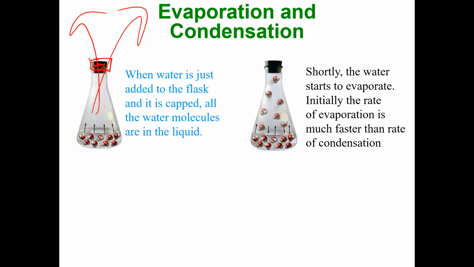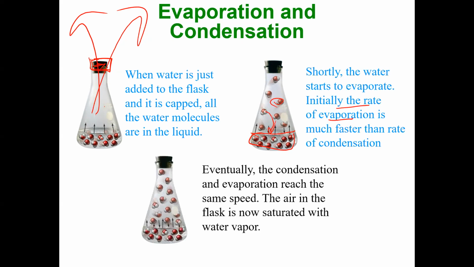And shortly after it evaporates, I get vapor above this liquid. Now, over time, initially, the rate of evaporation is faster than when these molecules recollide and condense. But over time, there's only going to be so much room for the vapor above this liquid if I cap it. So eventually, the condensation and evaporation rates will occur at the same speed.